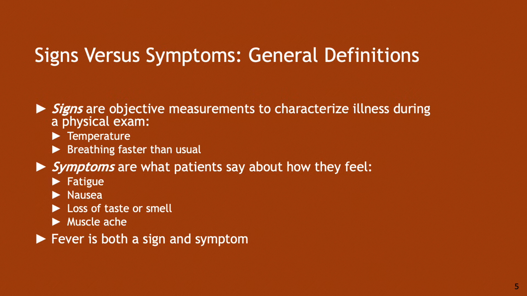We can notice people perhaps having some breathing issues. Some of the symptoms they might experience or express: tiredness, fatigue more than usual, some nausea. One sign that is telling is a loss of taste or a loss of smell, muscle ache, and fever is both a sign and a symptom.